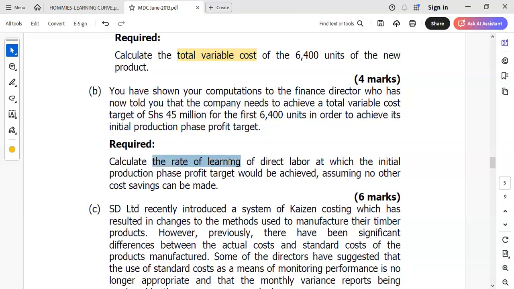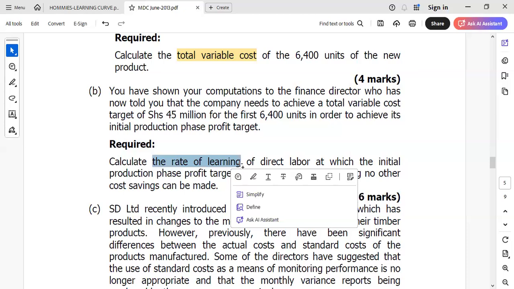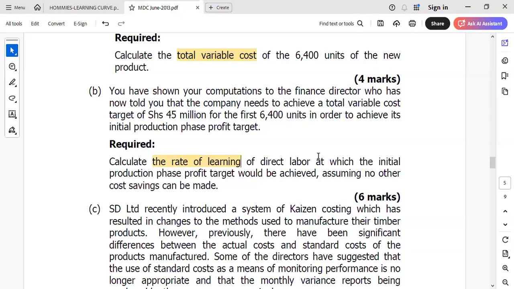You need the rate of learning. What is the rate? Calculate the rate of learning of direct labor at which the initial production phase profit target would be achieved, assuming no other cost savings can be made.